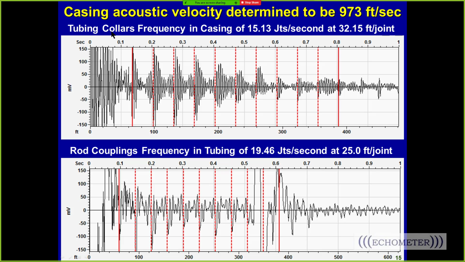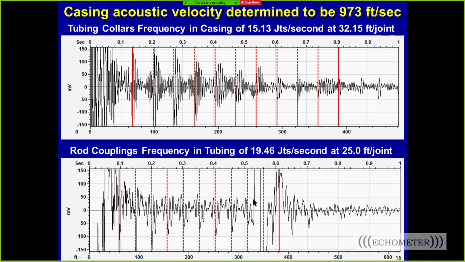When we shot down the casing annulus, the average joint length was 32.15 feet, and that determined 973 feet per second acoustic velocity. That's processing this casing shot with that average joint length. If we were to count the collars here and use that average joint length, we would get the wrong acoustic velocity. So that's why we say always use the acoustic velocity 973 from the casing shot to determine depth on the tubing shots.